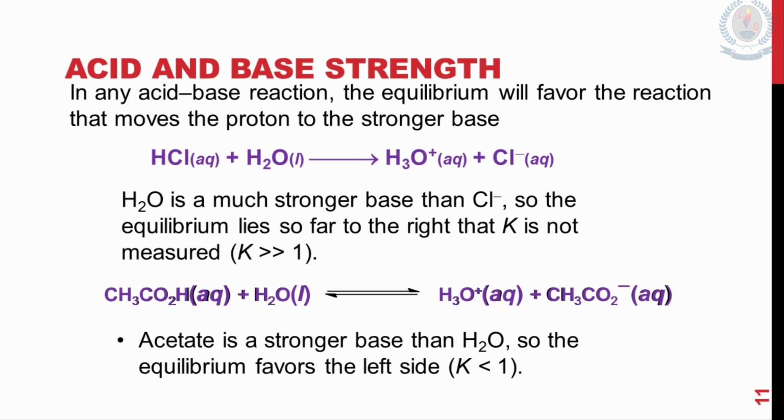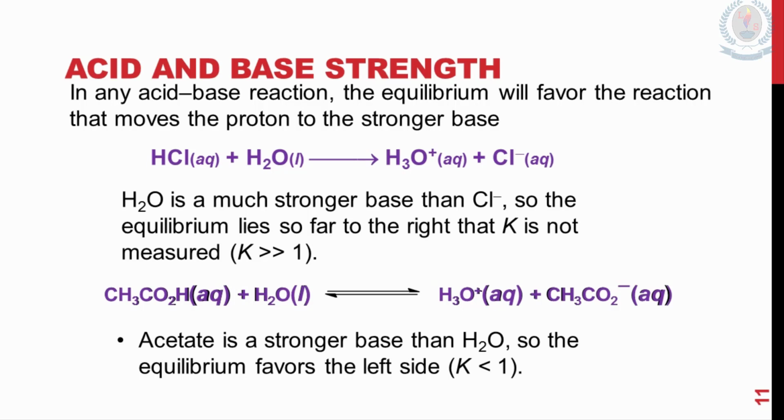Now let's look at another example. Here ethanoic acid is dissolved in water. We all know ethanoic acid is a weak acid but its conjugate base is a strong base. Acetate is a strong base. When ethanoic acid is dissolved in water, it forms H3O plus ion and acetate ion.